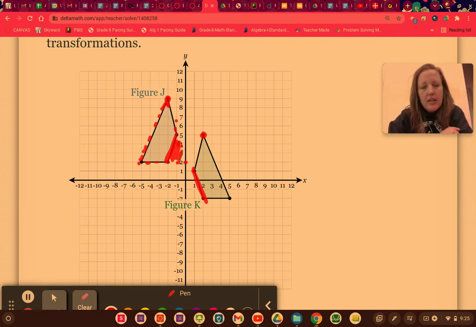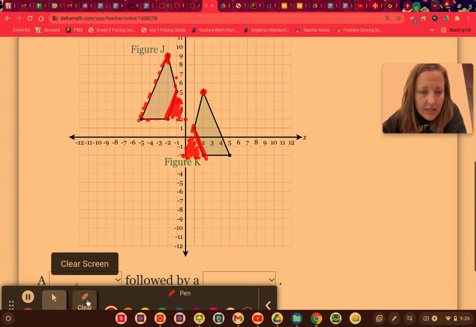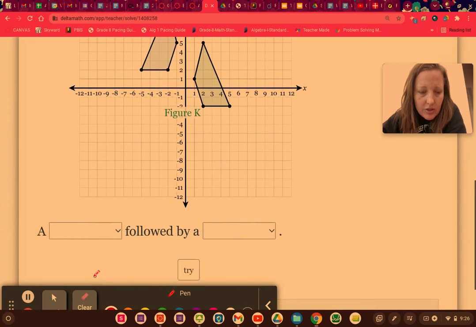So now I'm imagining this shape with that corner cut off. It obviously had to flip somehow and then slide down. See how that looks? You just have to use your brain and mentally figure out what's happening. The nice thing about this, though, is you can try different things.